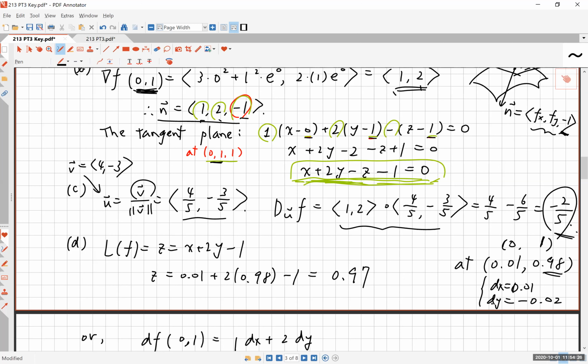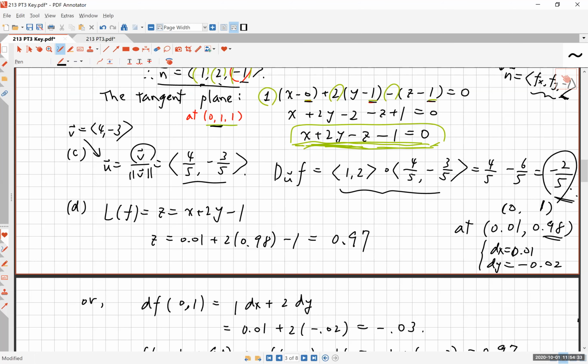So these you can use if you like. I have done this in two different ways, and here I'm showing you two different ways. The first is to find the linearization, okay? Now, the linearization or the linear approximation is basically the same equation as this. If you solve the equation of the tangent plane for z, you basically move this to the other side, you get x plus 2y minus 1, right?